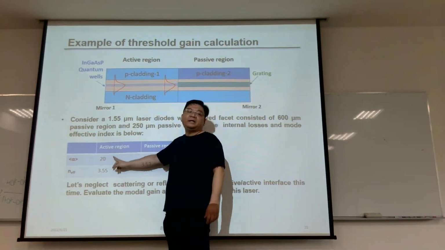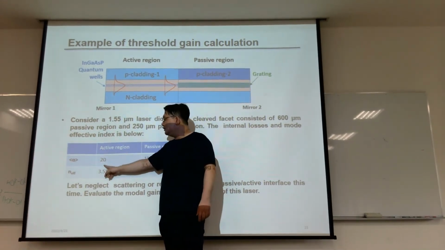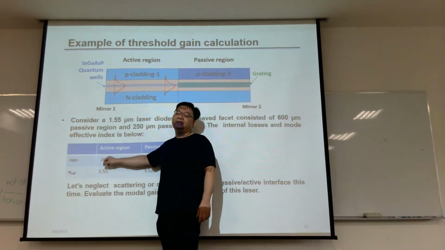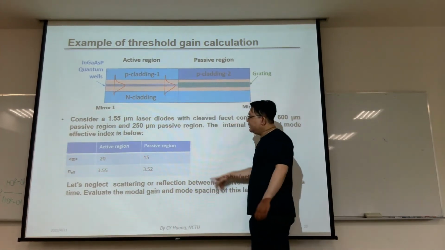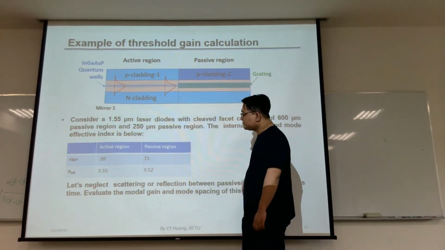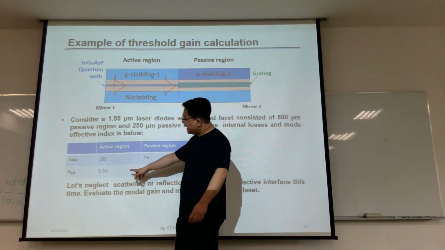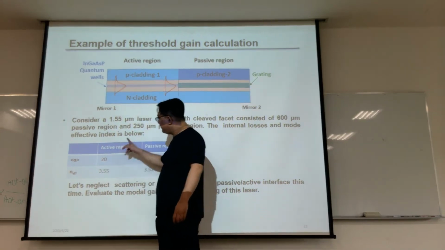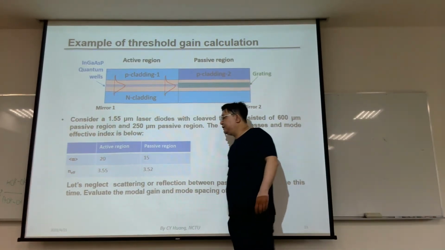So it has a higher free carrier loss. So the loss will inevitably be higher than the passive part. Okay, and then the passive region has a slightly lower internal loss. And then the n_eff is higher, 3.55 for the active region and 3.52 for the passive region.